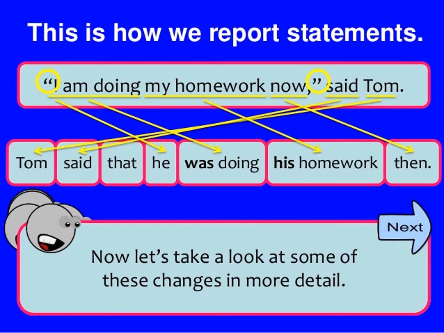You can put it or you can omit it. That he, because we are talking about Tom, and then am changes and becomes was, doing my homework becomes his homework, and now becomes then. Now let's take a look at some of these changes in more detail.